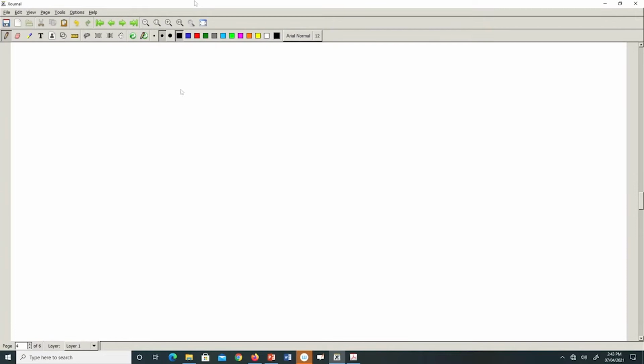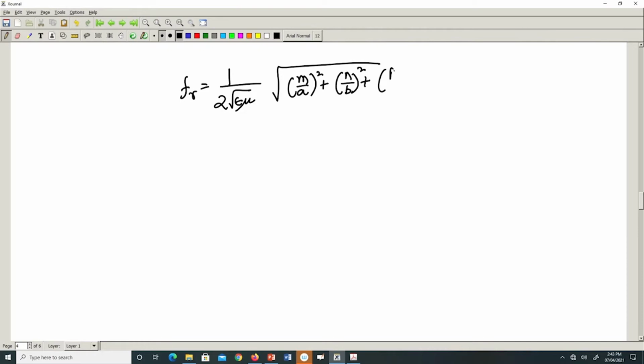So, from the previous equation we can write down the expression for the resonant frequency as 1 by 2 root epsilon mu, times root of (m by a) whole square plus (n by b) whole square plus (p by c) whole square.